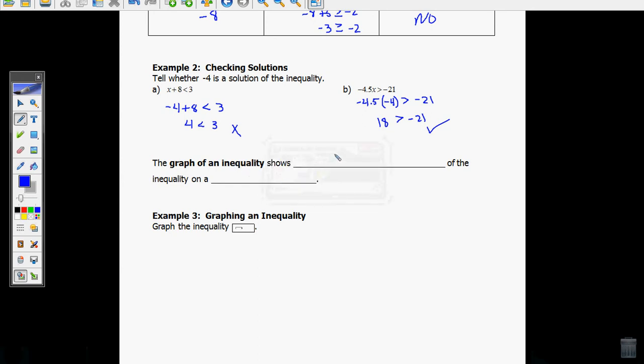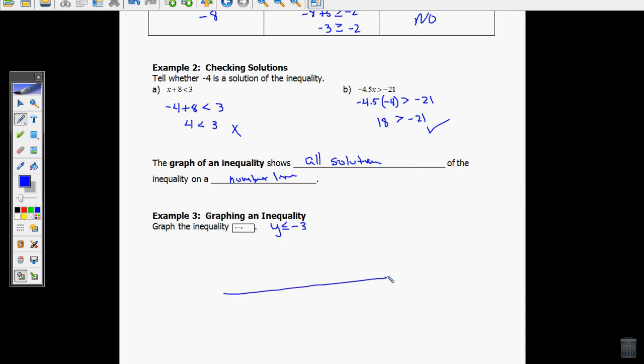The graph of an inequality shows all solutions of the inequality on a number line. So this is where we're going to use those symbols, those arrows and those dots like we saw in the beginning. What I want to do is graph the inequality y is less than or equal to negative 3.